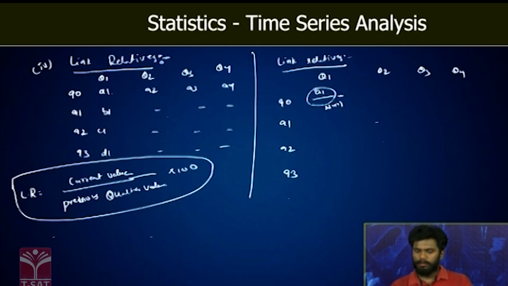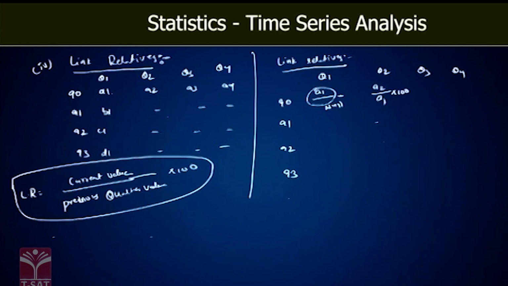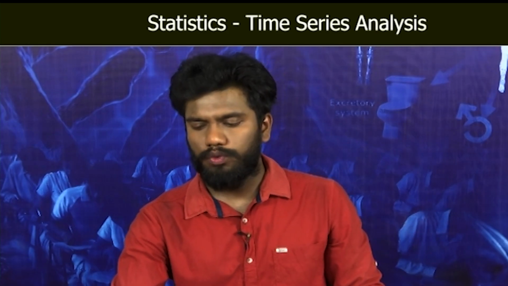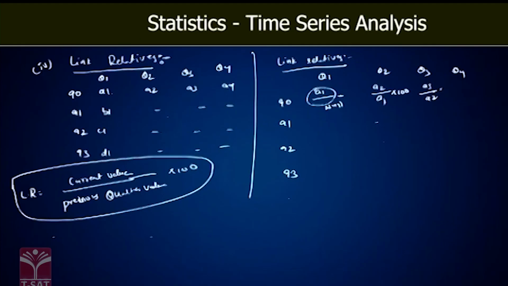Now go with Q2. So Q2 current value ఏంటి? A2 divided by previous quarter value ఏంటి ఇక్కడ? A1 into 100. So that is the link relative for quarter 2 for 1990 year. అలాగే Q3కి లింక్ రిలేటివ్ ఏంటి? Q3 డివైడెడ్ బై A2 into 100. అలాగే A4 డివైడెడ్ బై A3 into 100. సో కానీ ఇక్కడ ఏమవుతుందంటే B1 డివైడెడ్ బై A4 into 100.